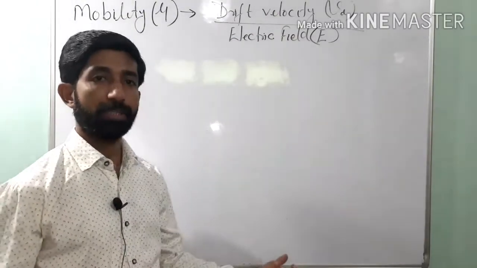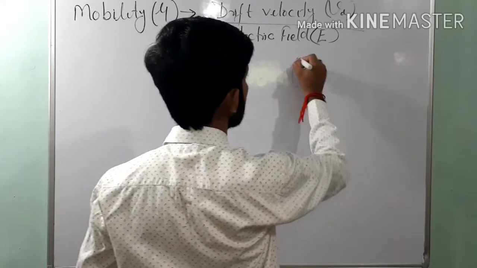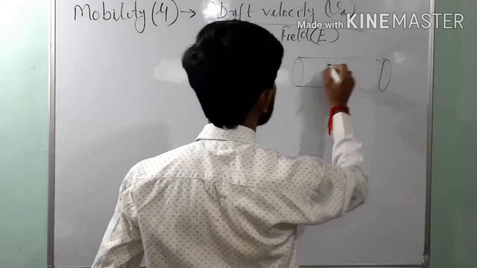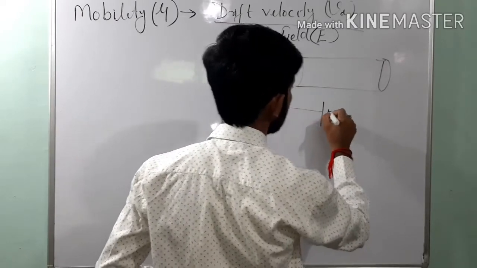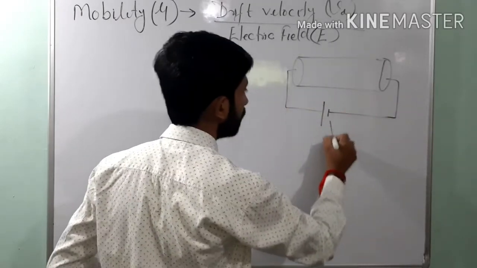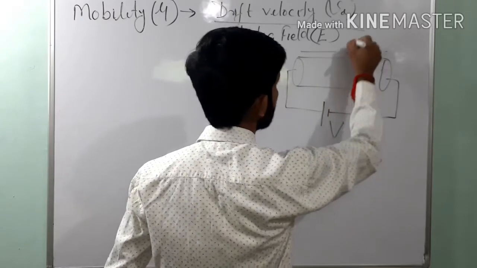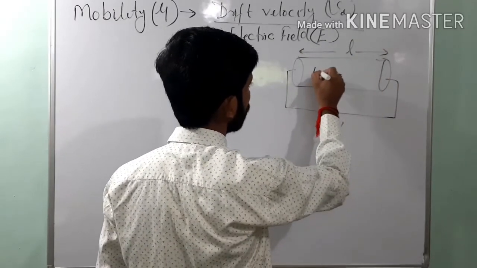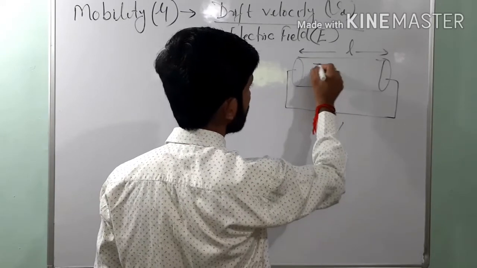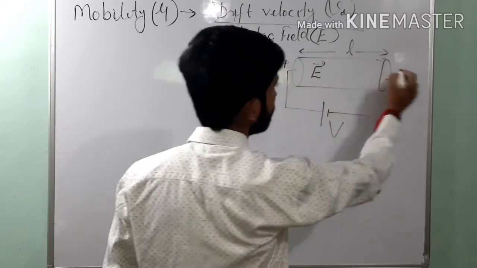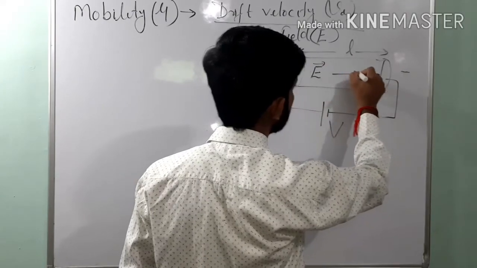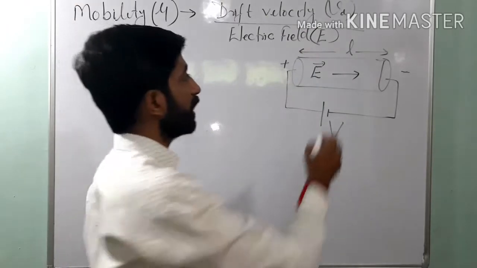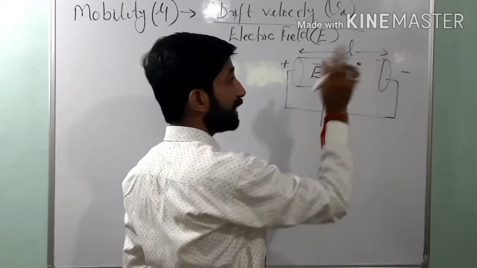So this is a conductor, say, connected by a battery B, of length L. Electric field will be developed inside it, directed from the positive end to the negative end. Due to this electric field, the charged particles, that is electrons in conductors, move.